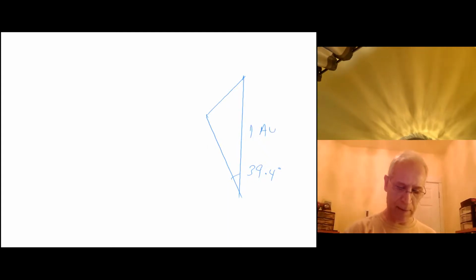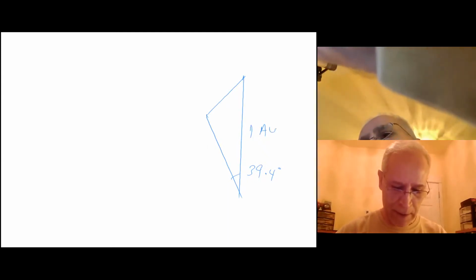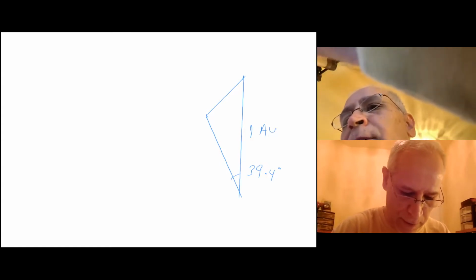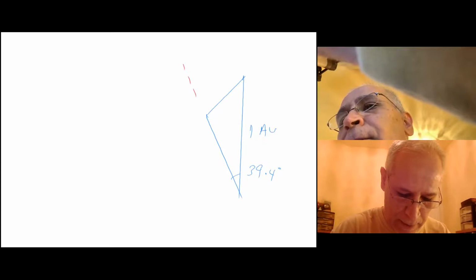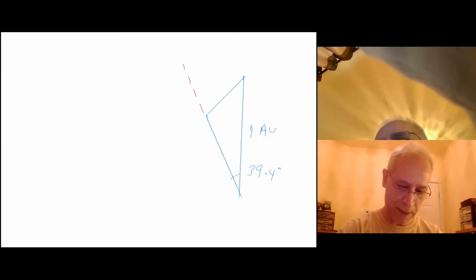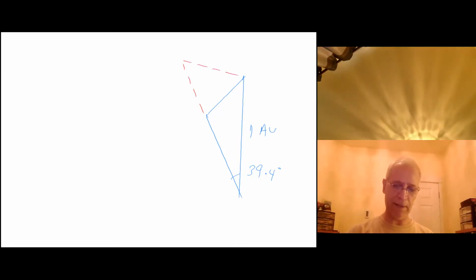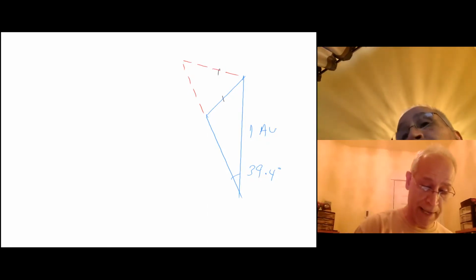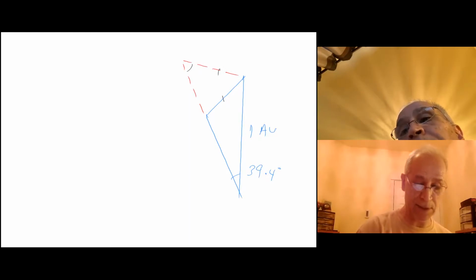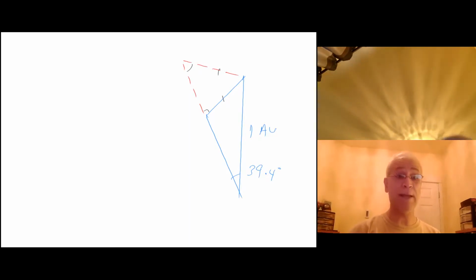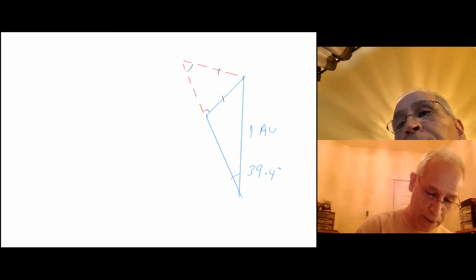Let me use what we found in the previous page. We said that this side is congruent to this, so they are the same. Therefore, this angle is the same as this angle, and we found that both were 61.4 degrees.